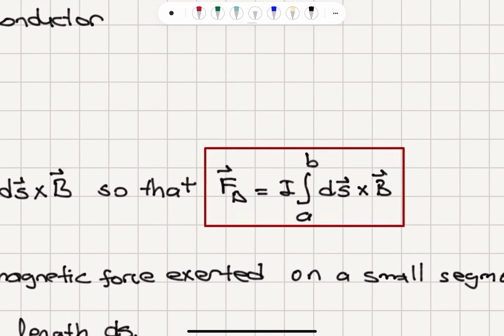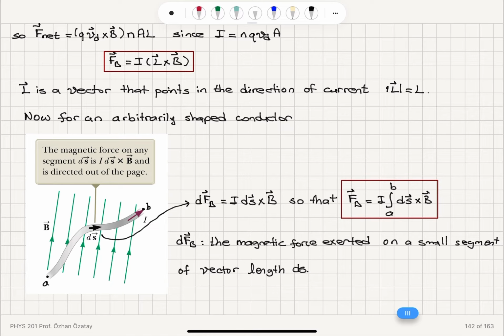So it will be I integral from A to B of ds cross B. All straight segments that have length ds cross product with the magnetic field, and this is a vector summation. Integrating from A to B, multiplied by current, we obtain the force acting on this wire. So dF_B is the magnetic force exerted on a small segment of vector length ds.